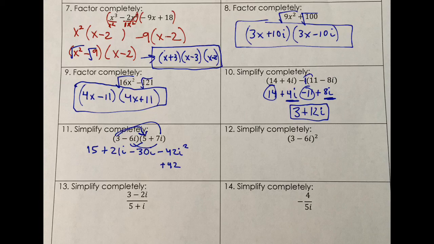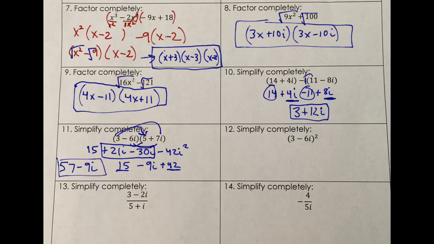You got a positive 21i minus 30i, and that gives you minus 9i. And then you just bring down your 15. You still have more like terms of 15 and a 42. So that turns into 57 minus 9i. All done.